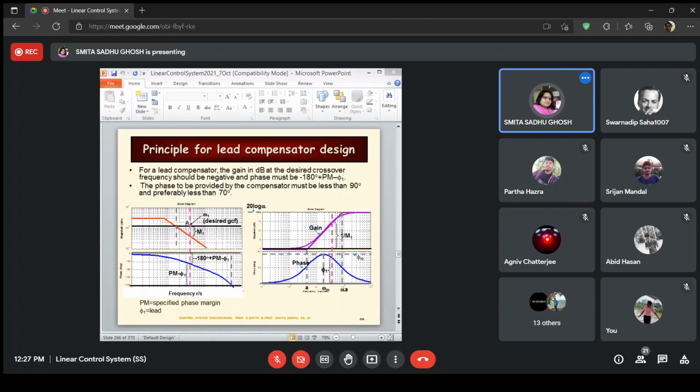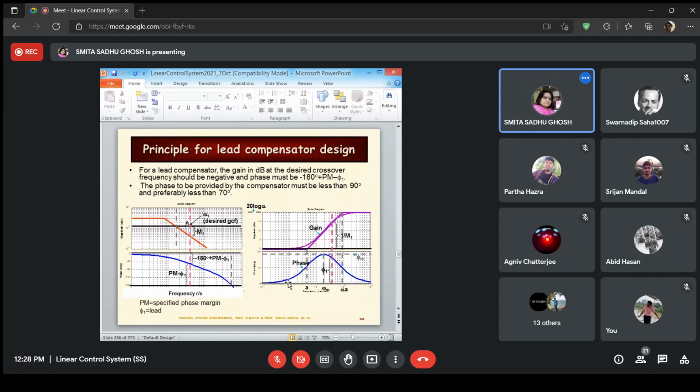Of course, it's not necessary to calculate at each frequency, but I would scan the plot. Supposedly, if I say that PM dashed is equal to PM minus phi 1, I would have to look at where the value of PM dashed matches.